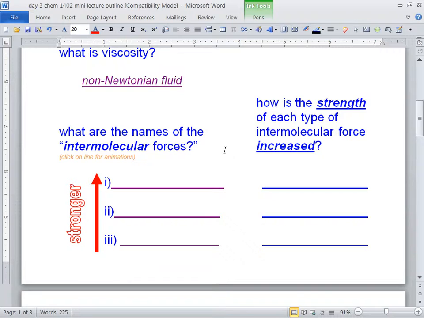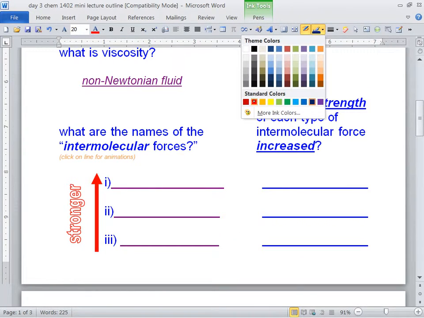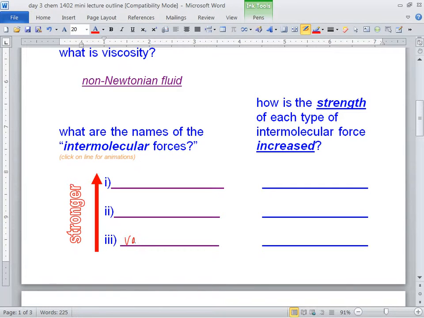What are the names of the intermolecular forces? So you want to remember one of them? Kenneth, you remember one of them? What's that? Mass. Yeah, mass is one of them. And that's going to be the weakest one. I'm going to put it on the bottom.